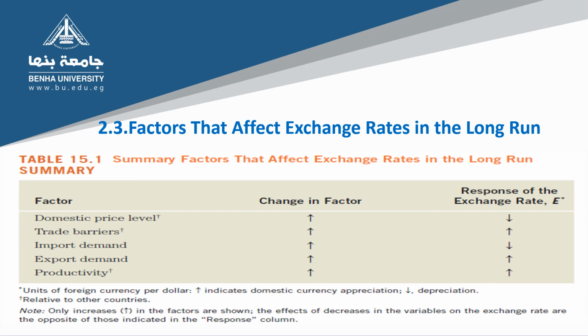Factors that affect exchange rates in the long run. The table you see gives you a summary of factors that affect exchange rates in the long run, which are domestic price level, trade barriers, import demand, export demand, and productivity.